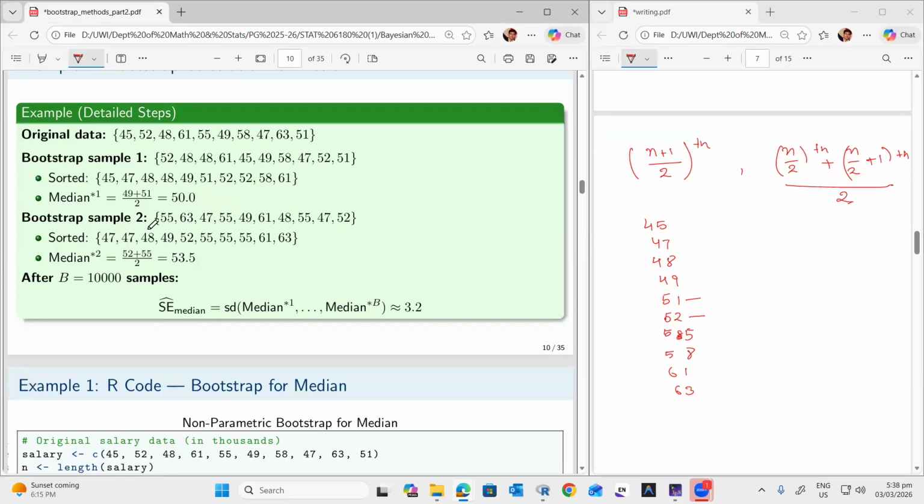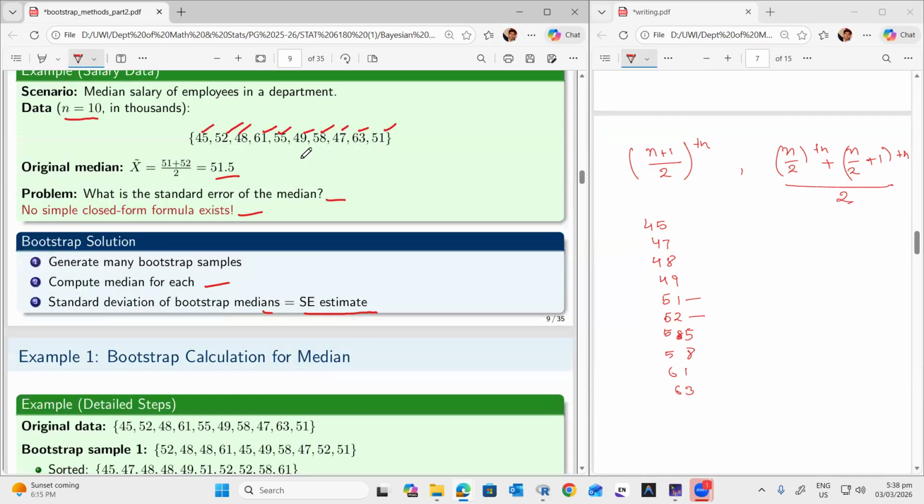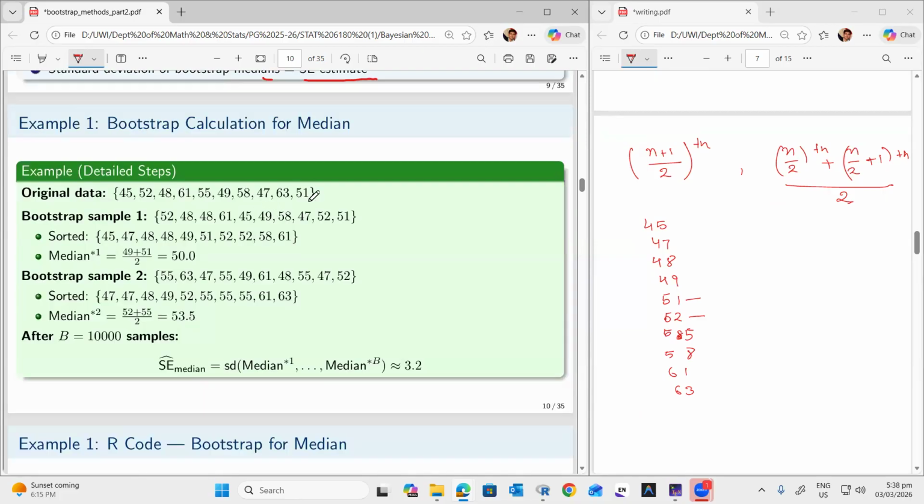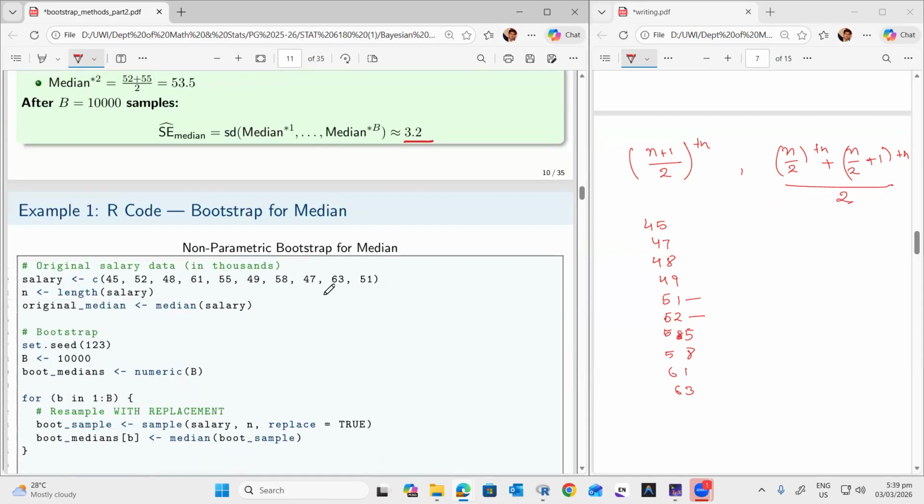Again we generate the second bootstrap sample from the original data given here, sort it again, and find the second median, that is 53. We do it again and again, and then we find the standard error of the medians, that is the standard deviation. It is 3.2. For that one we have the R code given here.